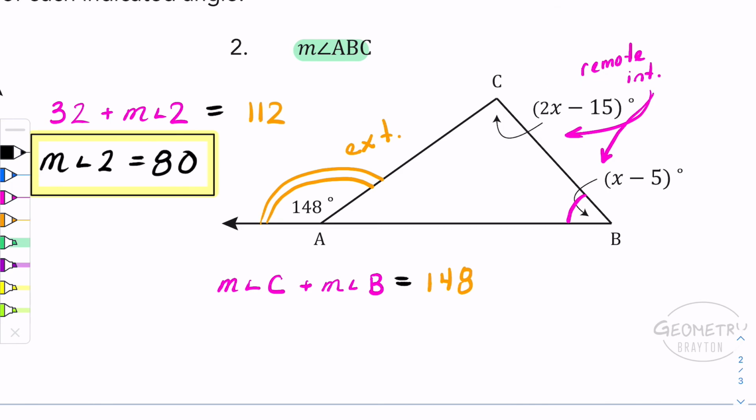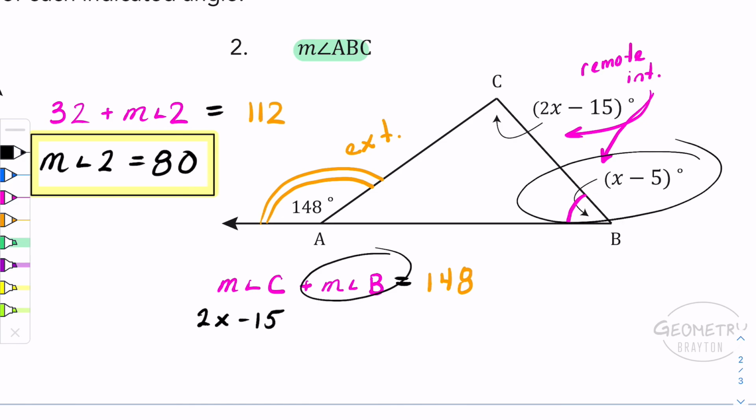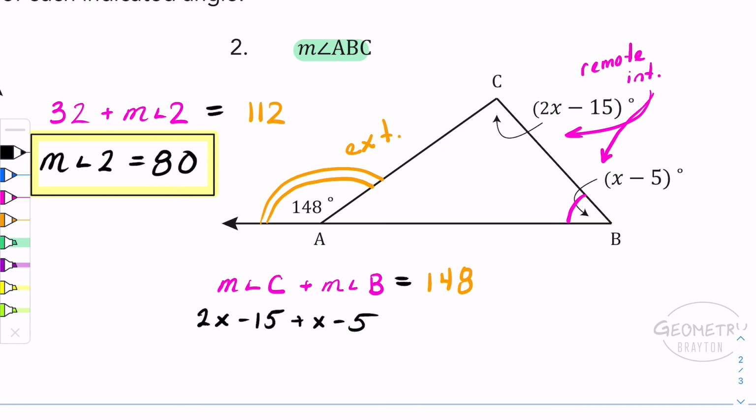That's 2x minus 15. I'm going to replace the measure of angle B with the expression x minus 5. And I know this is equal to 148. Combine like terms. I have 3x minus 20 is equal to 148.